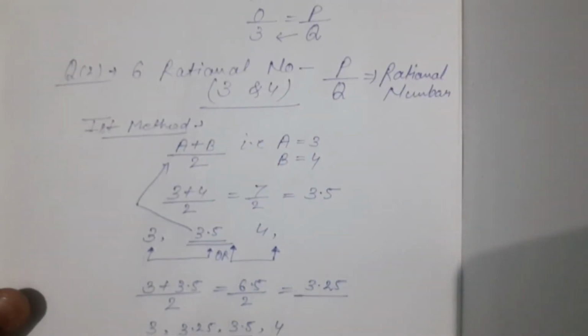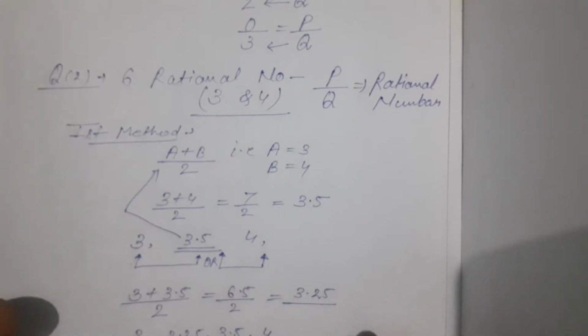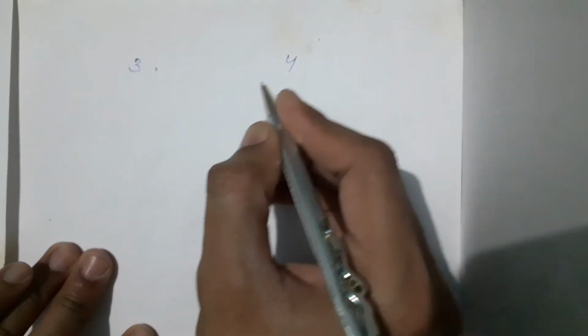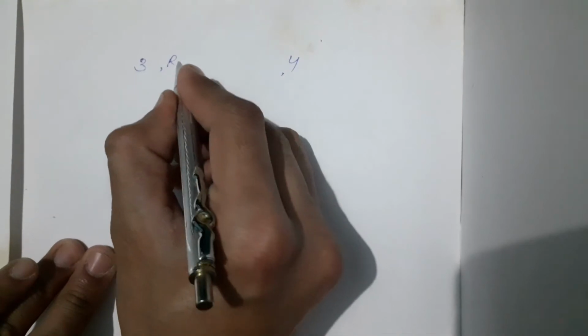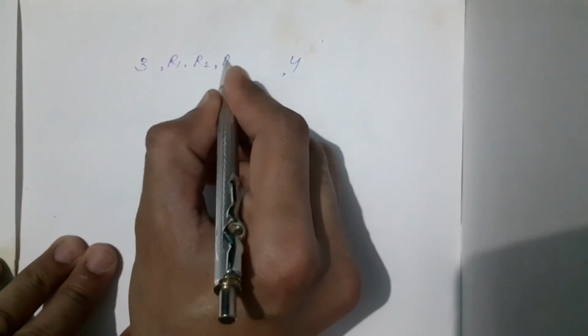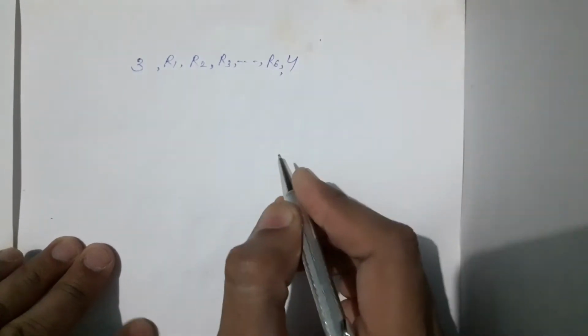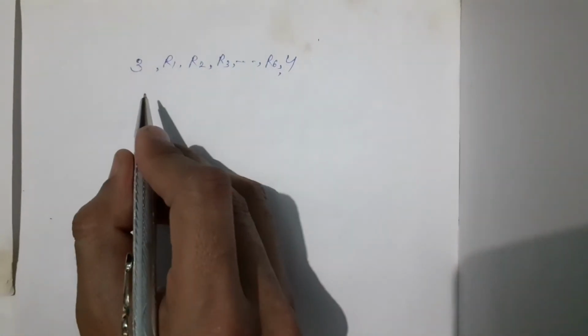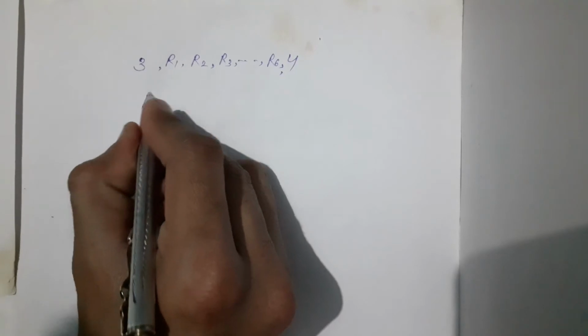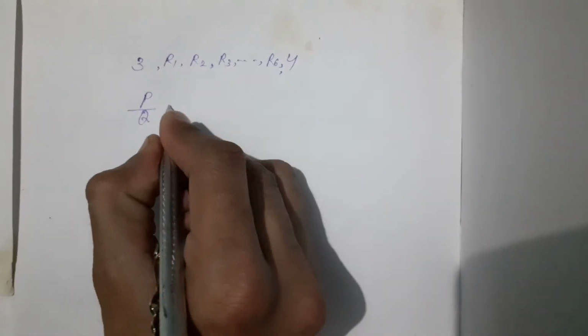Now the other method to find a rational number between the given 2 numbers. There are 2 numbers, 3 and 4, and we have to find 6 rational numbers. How can we find them? A rational number is in the form of p upon q.